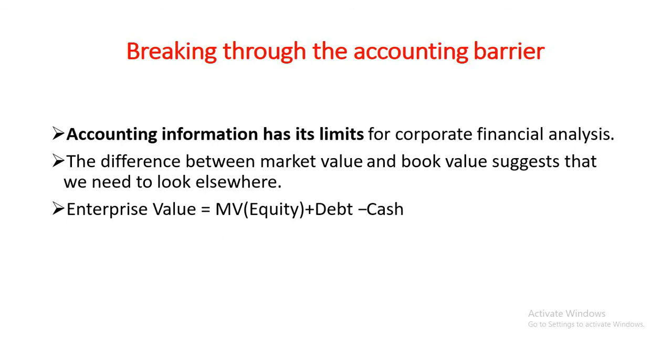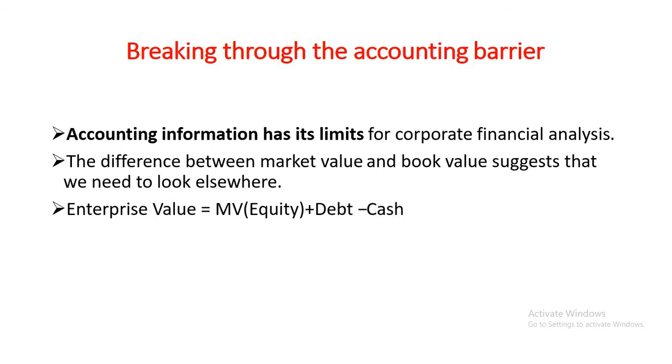Let's take an example. Suppose Apex is planning to take over Bata. In this case, Apex has to buy all the shares of Bata. That will be the market value of all the shares of Bata. So Apex has to pay the market value of Bata's equity.